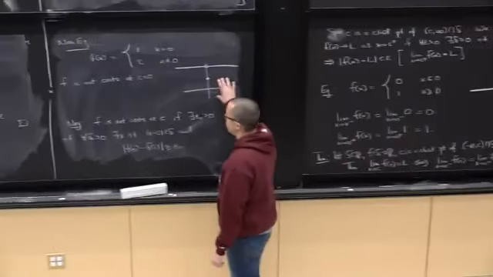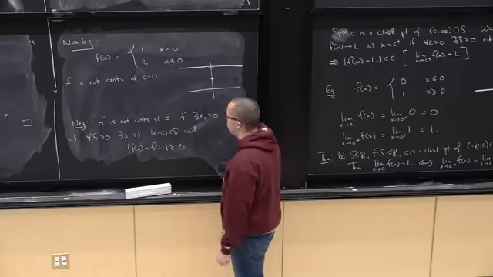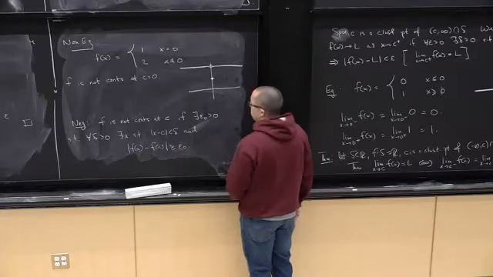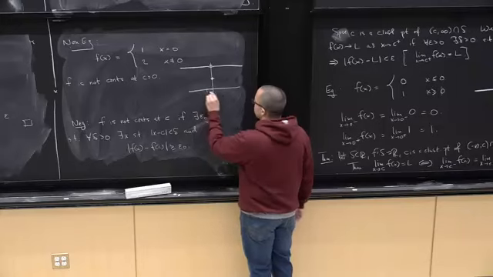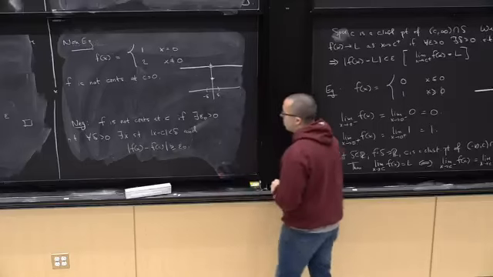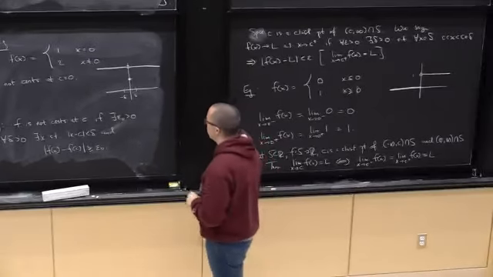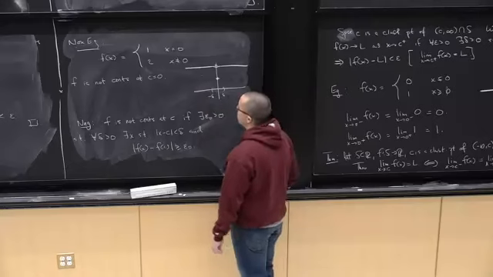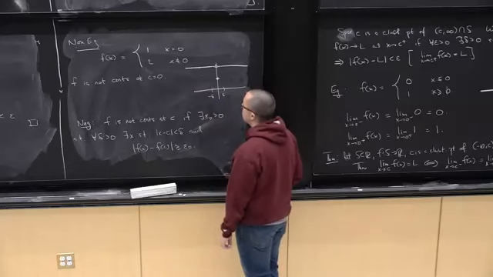Now for this guy, it's pretty clear which x to choose. So let's think this out for a minute. There should be some bad epsilon 0 so that if I take any small interval around 0, I can find a point in this interval so that f of x minus f of c is bigger than or equal to epsilon 0. Now here f of c is f of 0, which is 1.